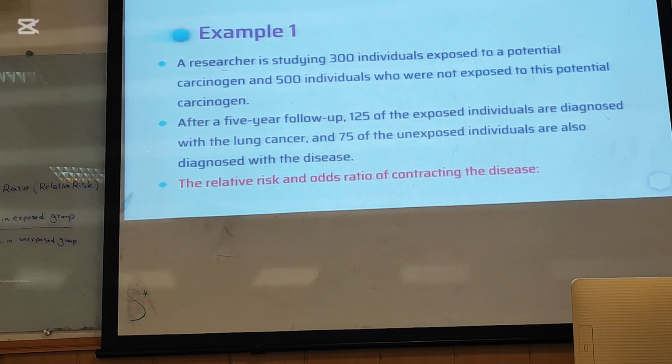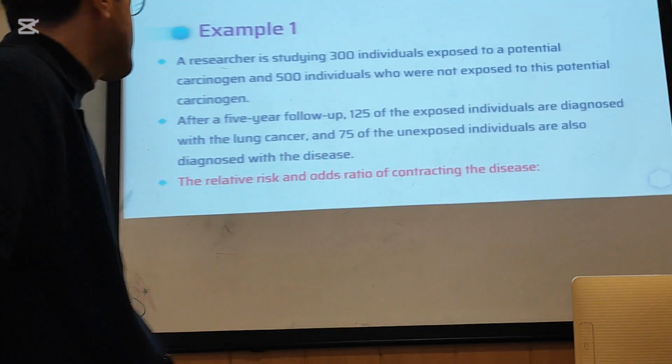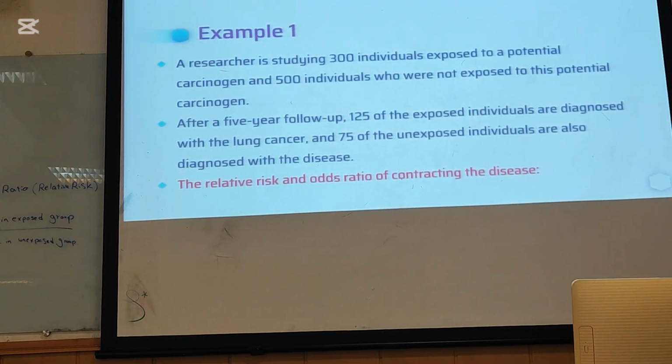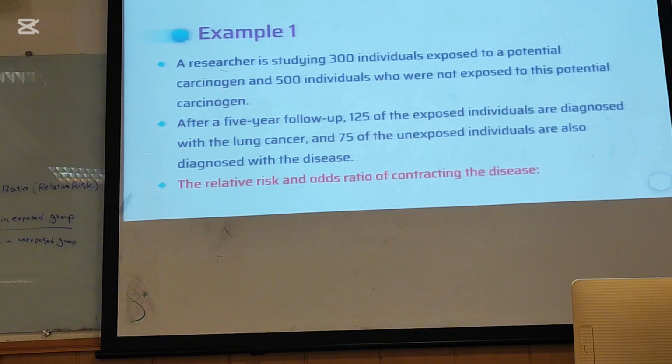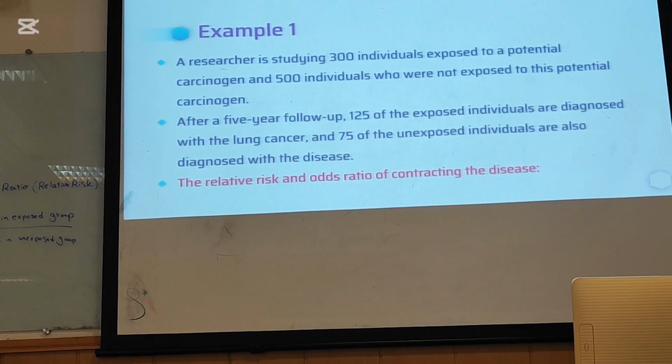Please solve this problem. Answer this question. A researcher is studying 300 individuals exposed to a potential carcinogen and 500 people who were not exposed to this potential carcinogen.